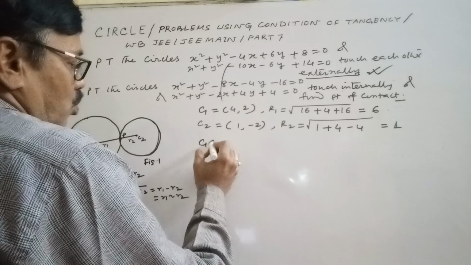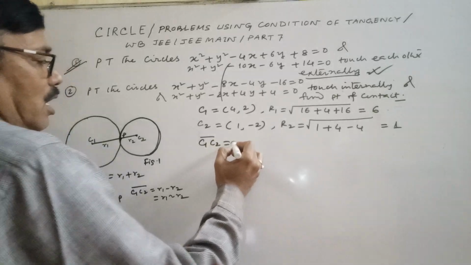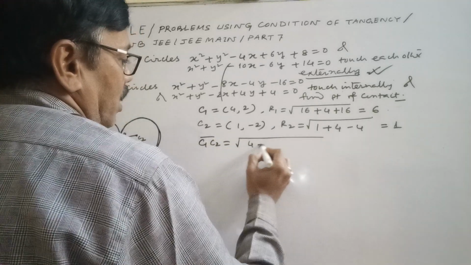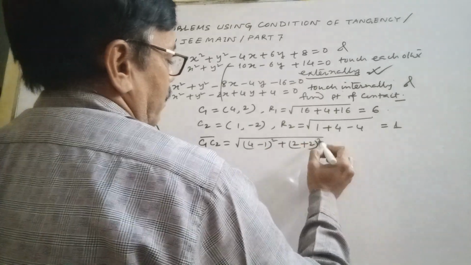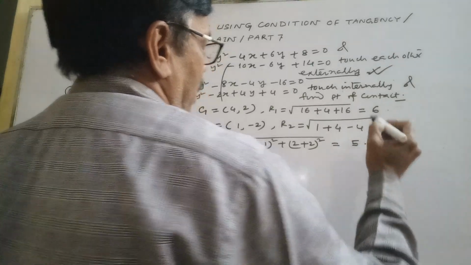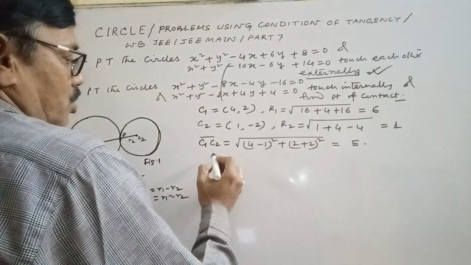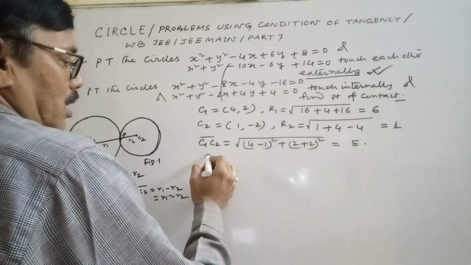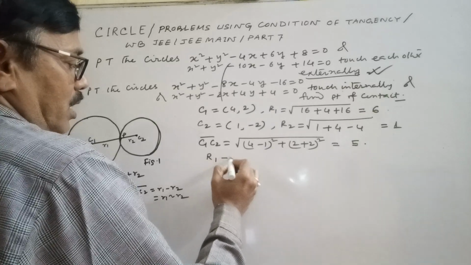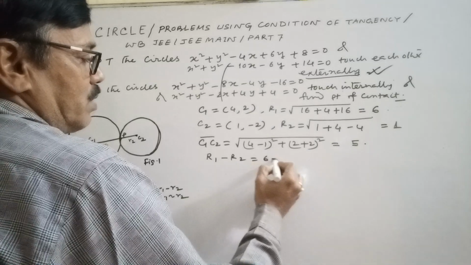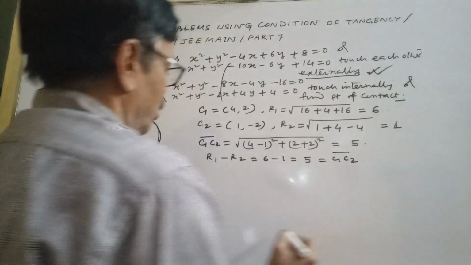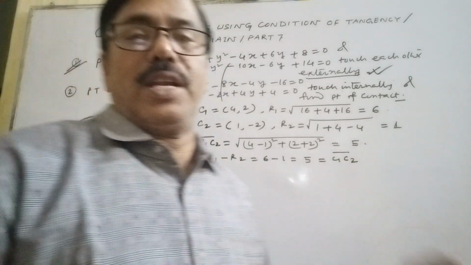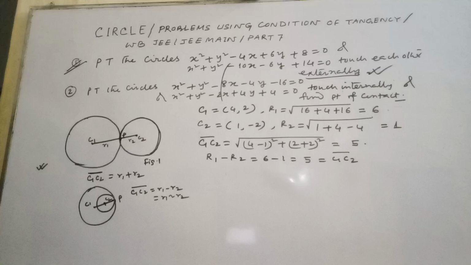Now C1C2, the distance between their centers, (4 minus 1) whole square plus (2 plus 2) whole square. So this is 5. So we are getting R1 minus R2 equals 6 minus 1 equals 5 equals C1C2. So the difference of radii equals the distance between the centers.